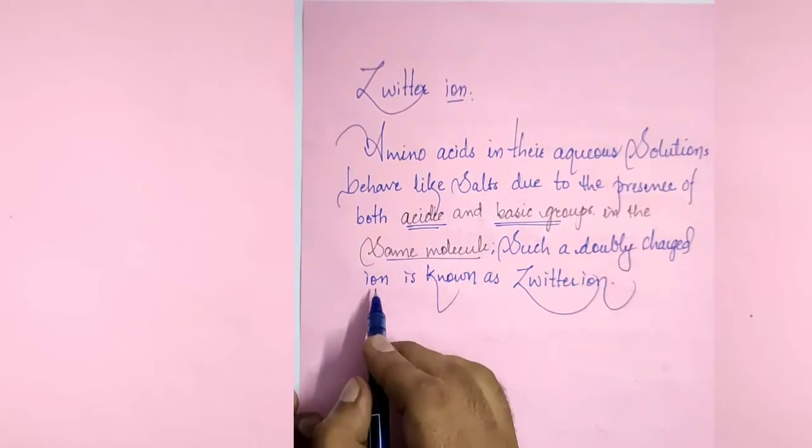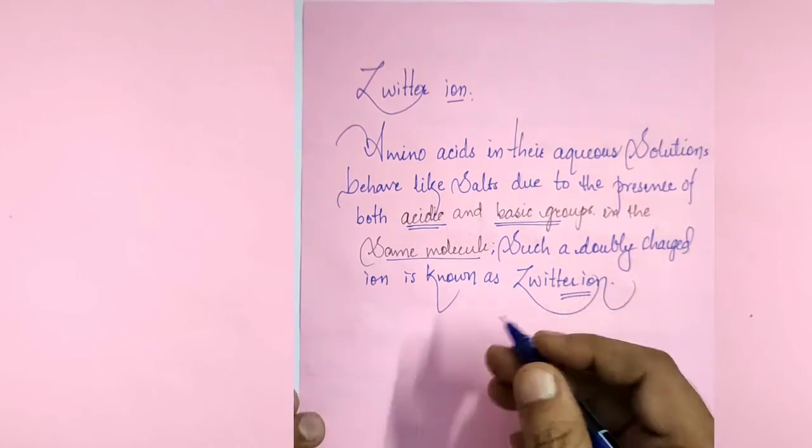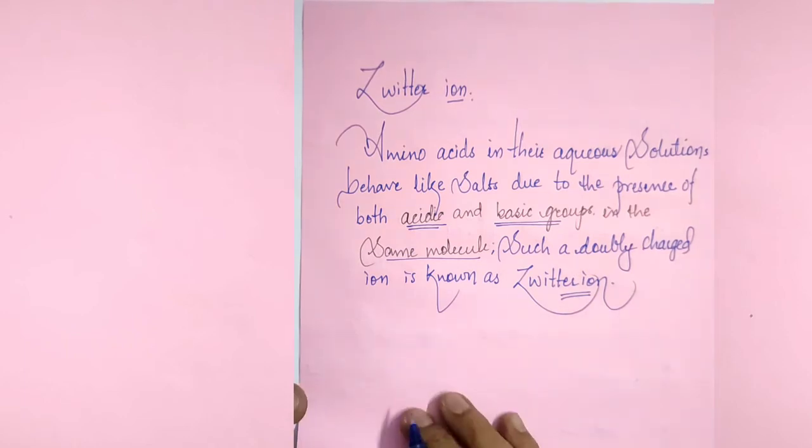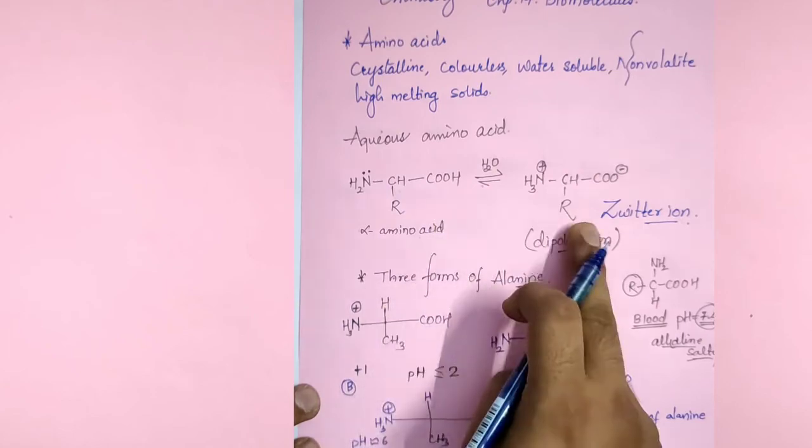Such a doubly charged ion is known as a Zwitter ion. As we have seen in the reaction, this is said to be a Zwitter ion.